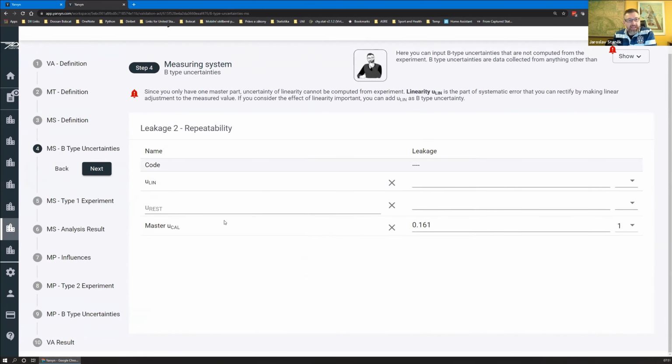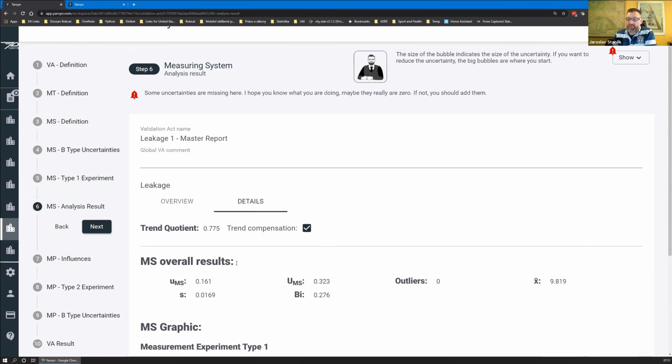And the very B-type uncertainty I am looking for is the master calibration. And this is the value I have from the previous study. It's this value. It is a little u, MS. It's the standard uncertainty.